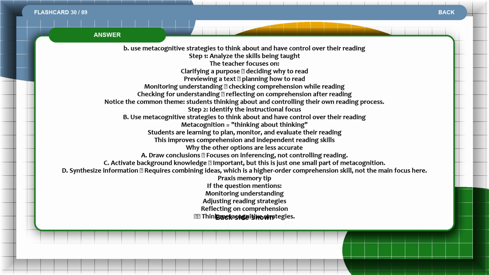C. Activate background knowledge. Right arrow. Important, but this is just one small part of metacognition. D. Synthesize information. Right arrow. It requires combining ideas, which is a higher-order comprehension skill, not the main focus here. Praxis memory tip: if the question mentions monitoring understanding, adjusting reading strategies, reflecting on comprehension, right, think metacognitive strategies.